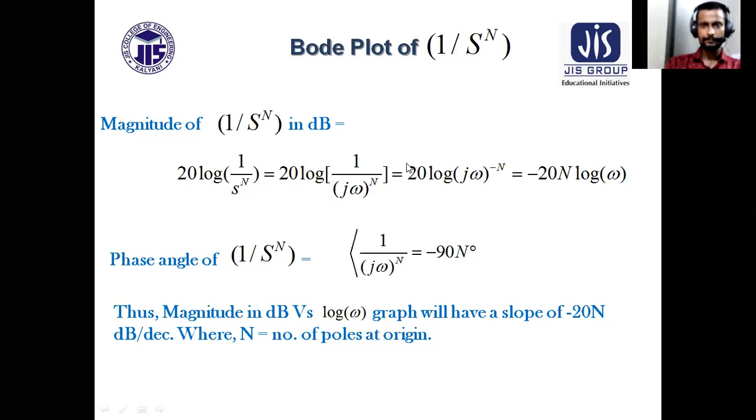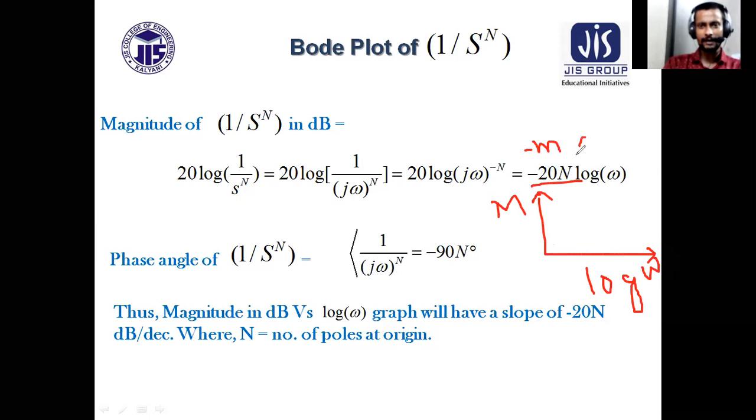If you want to get a magnitude plot, suppose this is magnitude in decibel and this is the log omega axis, semi-log graph paper, so this should be a log axis. So magnitude equals minus 20n into log omega.